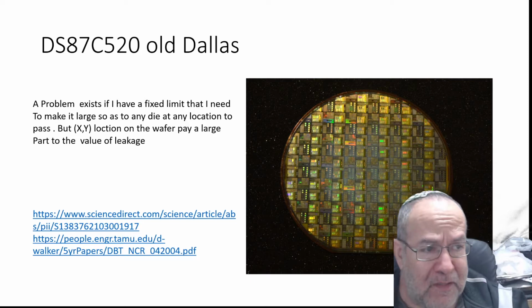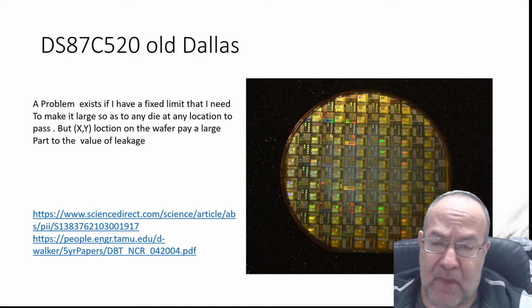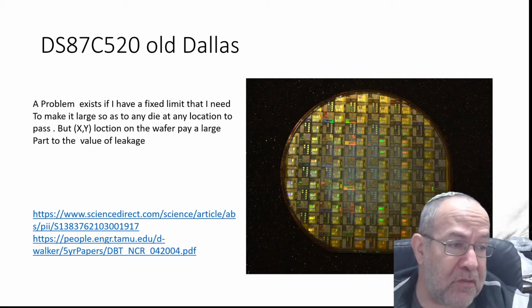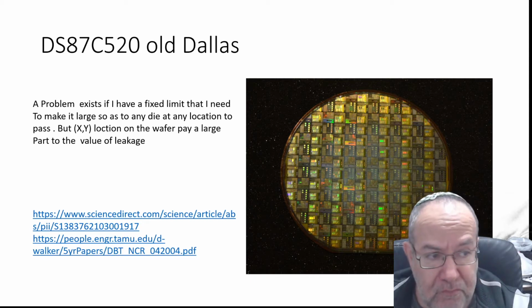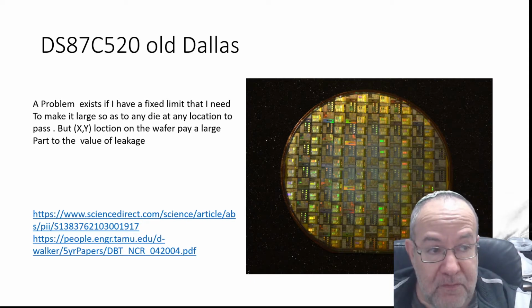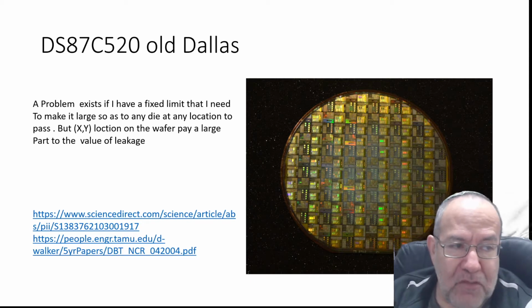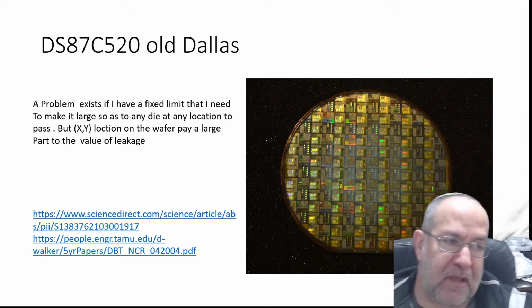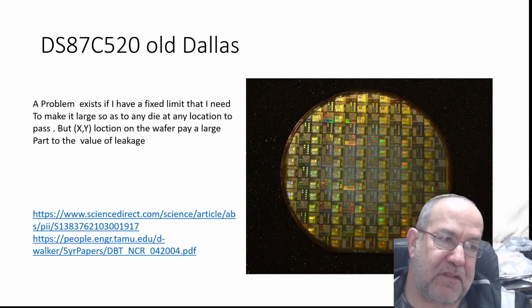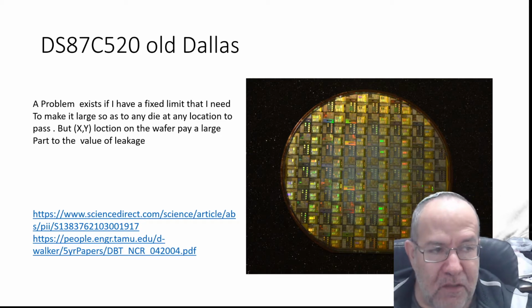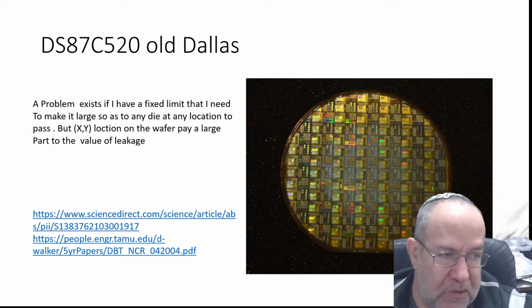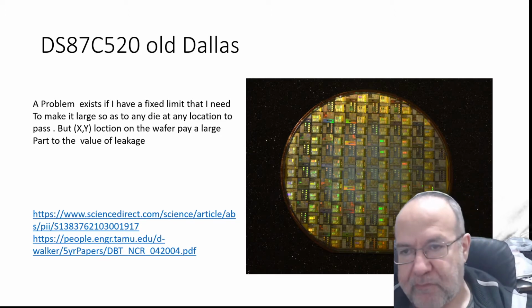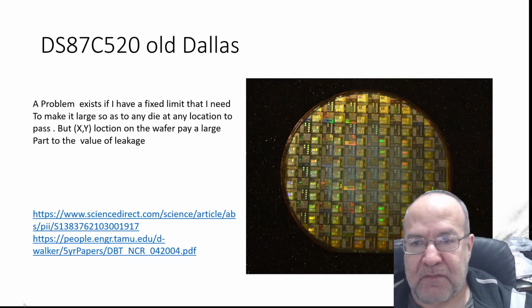that the XY location of the die has a lot to do with the amount of current and its analog leakage currents that you'll find.